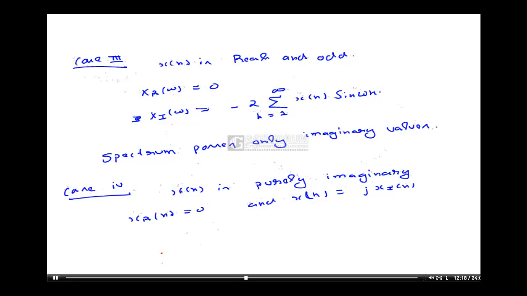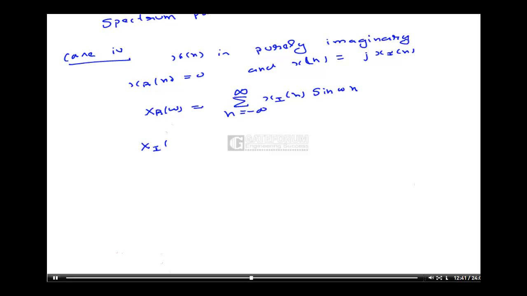So substituting this x[n] in the original equation of X_r(omega) and X_i(omega), I will get X_r(omega) equal to the summation n tending to minus infinity to infinity of x_i[n] sin omega n. X_i(omega) is equal to the summation n tending to minus infinity to infinity of x_i[n] cos omega n.